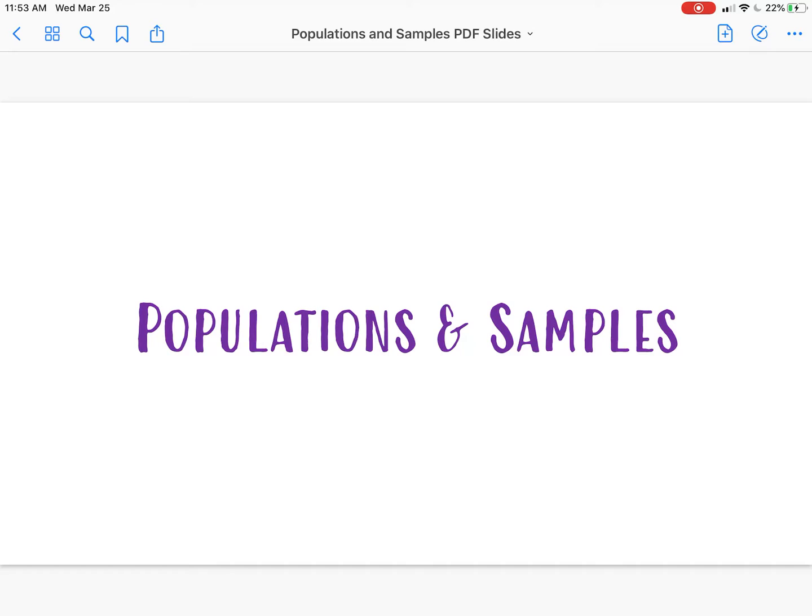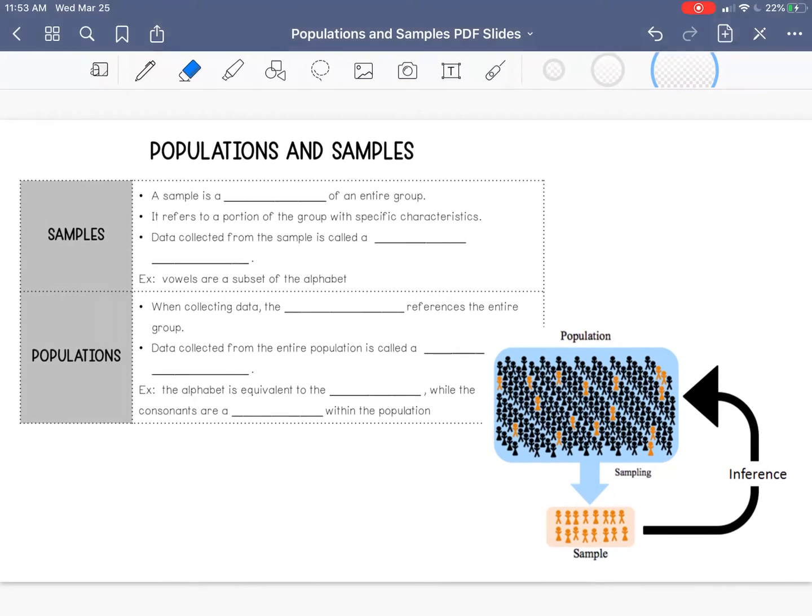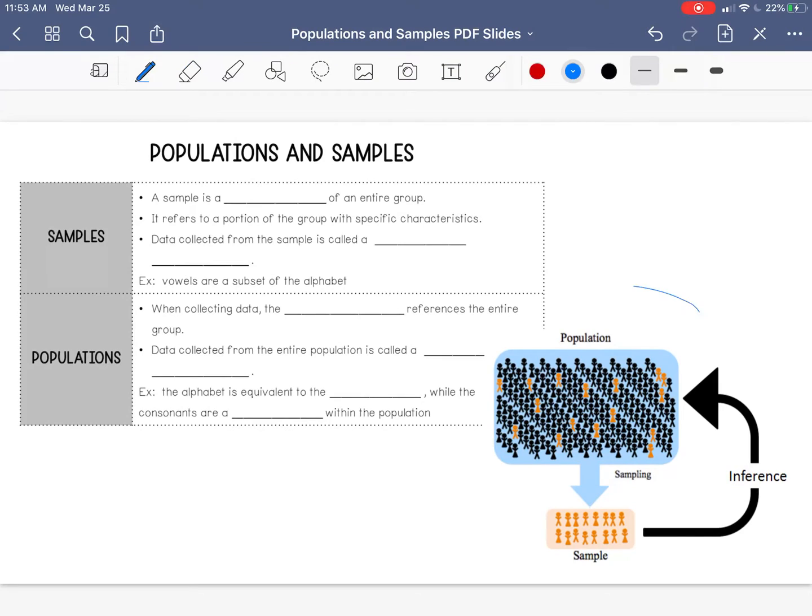This is the beginning of our unit on statistics. When we're looking at populations and samples, you'll see my little graphic down here. Population is the full group, and a sample is only the part of the population that you're actually going to question.